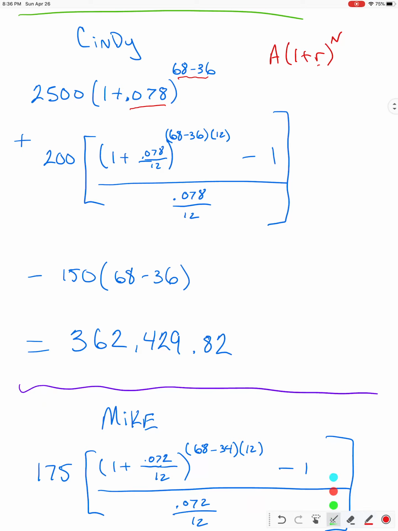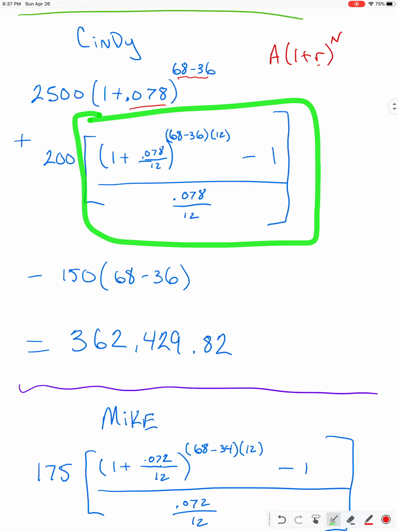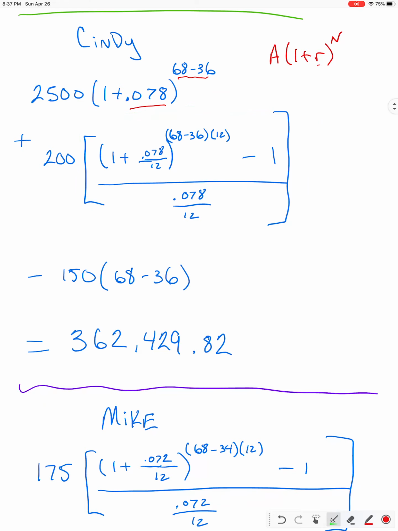And then the next part is this $200 that she's going to invest each month. That $200 is then going to be multiplied by this annuity formula, which is in your book. The annuity formula is 1 plus the rate raised to the n.